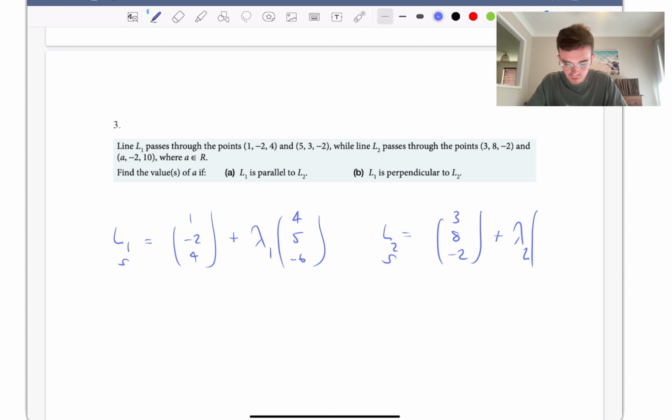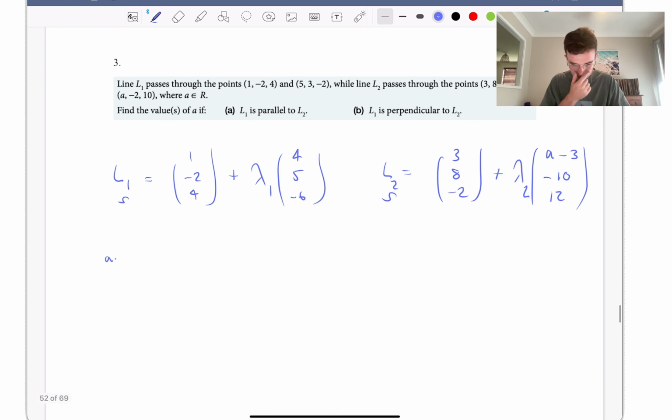And we're going from 3 to a, or a minus 3. Minus 2 minus 8 is minus 10. And 10 minus 2 is 12. And we want to know, well, first of all, they're parallel.